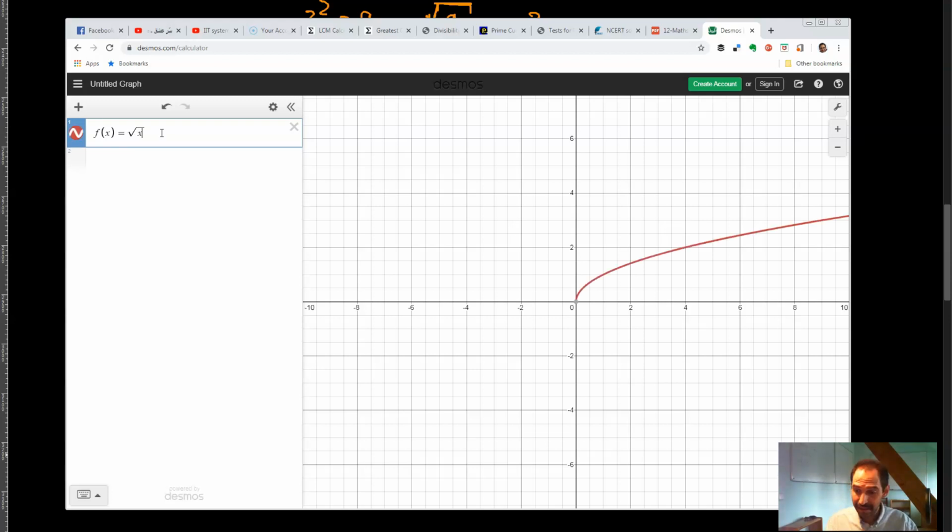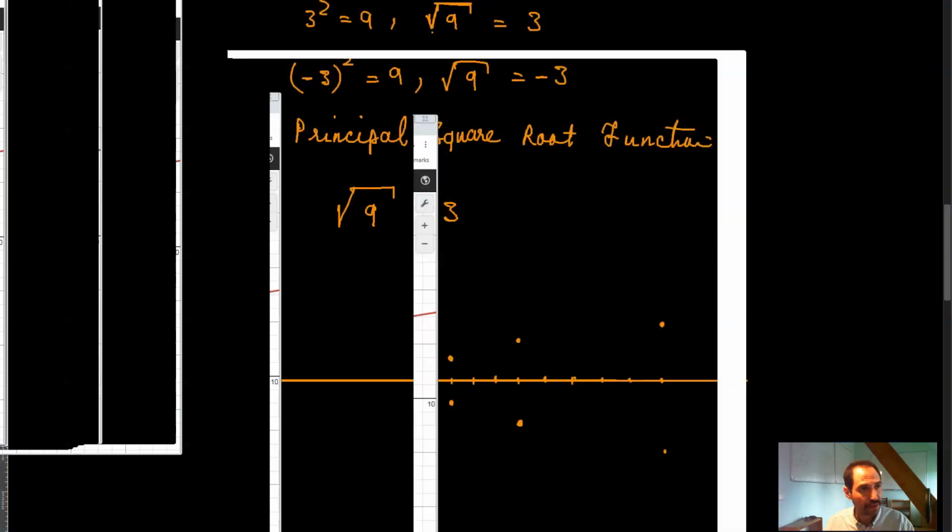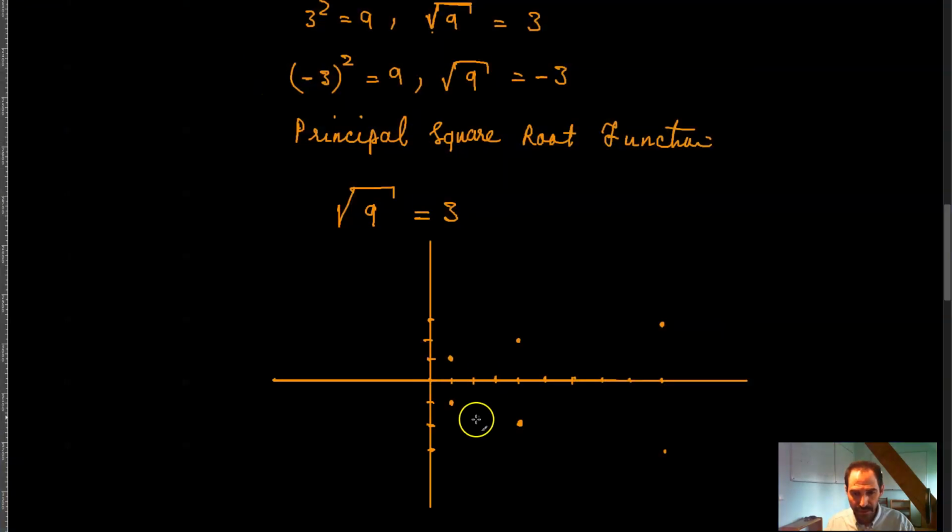And as you can see, this is only the principal square root function, meaning that the negative outputs are not given to you here, which is basically this function over here.